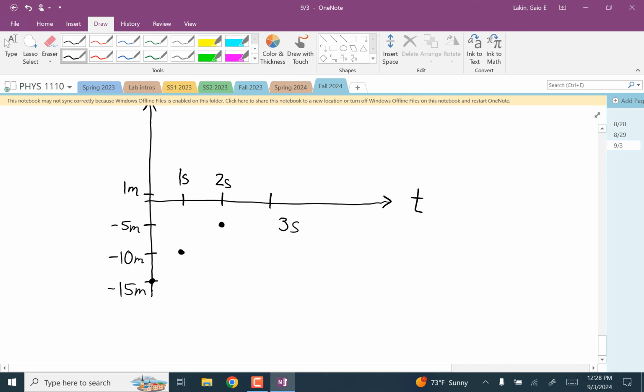And then at time 3 seconds, the object is at positive 1 meter, so this. And the graph would look something like this. Anybody have any questions about that?